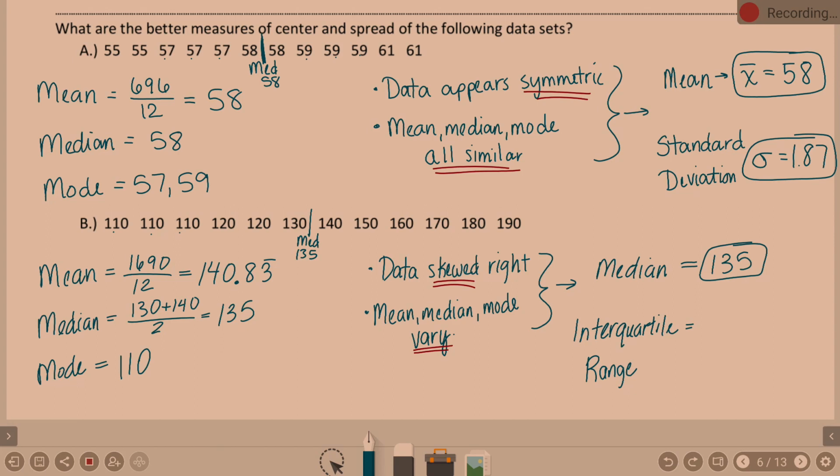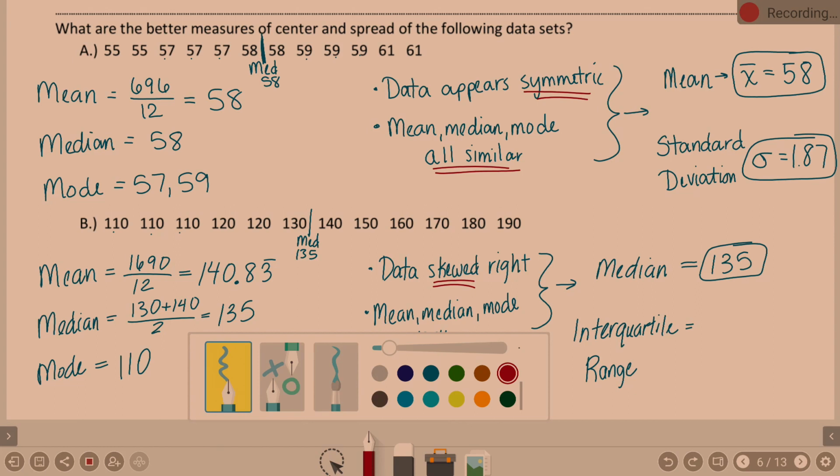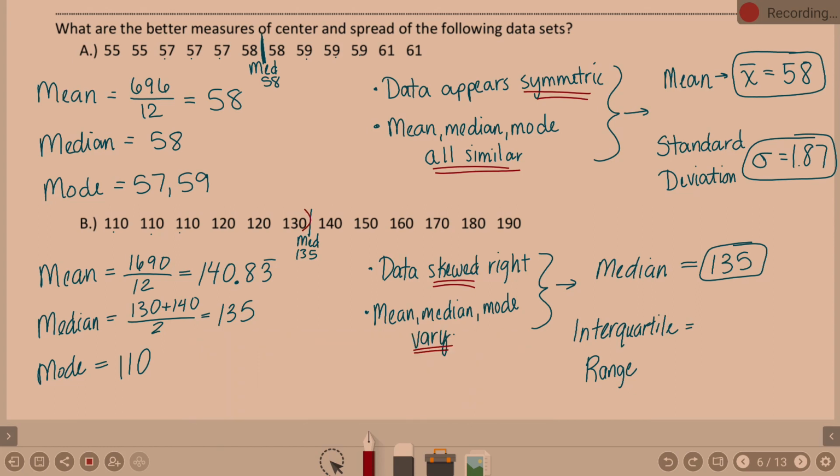So we're going to use all the numbers on the lower end, 110 to 130. What's the middle there? Right there is my Q1, my first quartile. In between 110 and 120 is 115. You don't believe me? Add and divide by 2, yes?